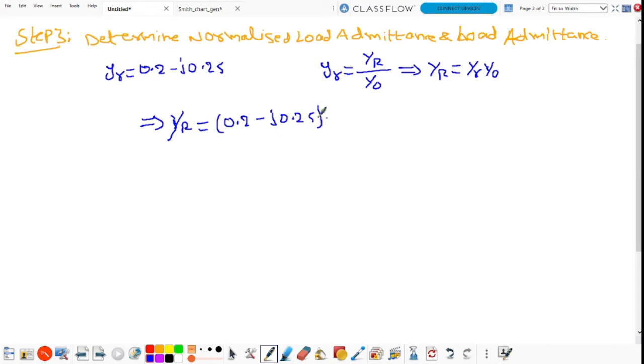into Y0. The characteristic admittance is the reciprocal of the impedance. Given that the characteristic impedance Z0 is equal to 50 ohms, Y0 is equal to 1 by 50 ohms.